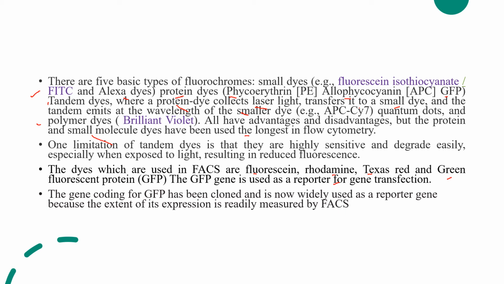So the gene of green fluorescent protein is isolated and used as a reporter gene for the transfection of the gene. After using GFP as a reporter gene, you can detect the extent of its expression, and it is measured by the sorting technique.